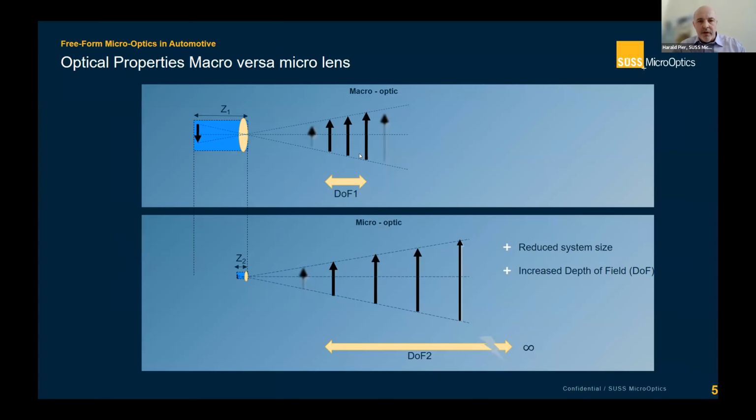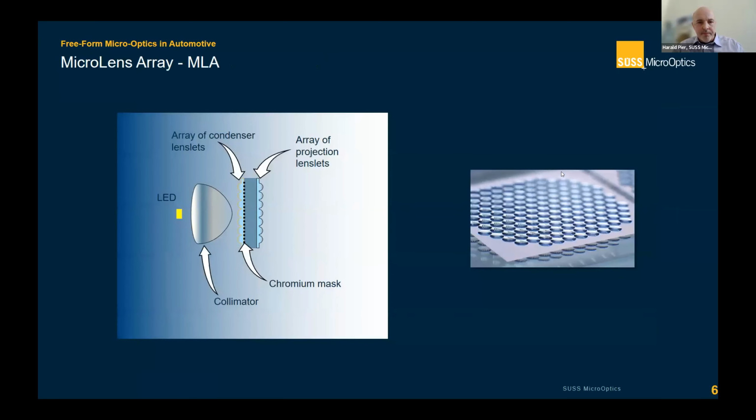You have to always adjust your focus to receive sharp images or to project sharp images. Micro optics is so small, the C2 value here is of the size of a few millimeters, that you are virtually very soon in infinity, and as you can see, the micro optical system is also much smaller. So both two advantages: much smaller optical system while having a much bigger depth of field.